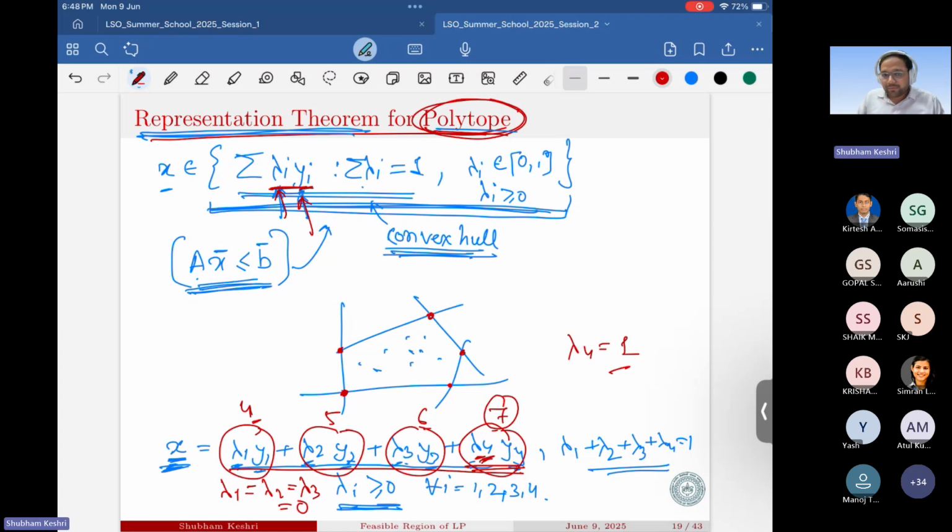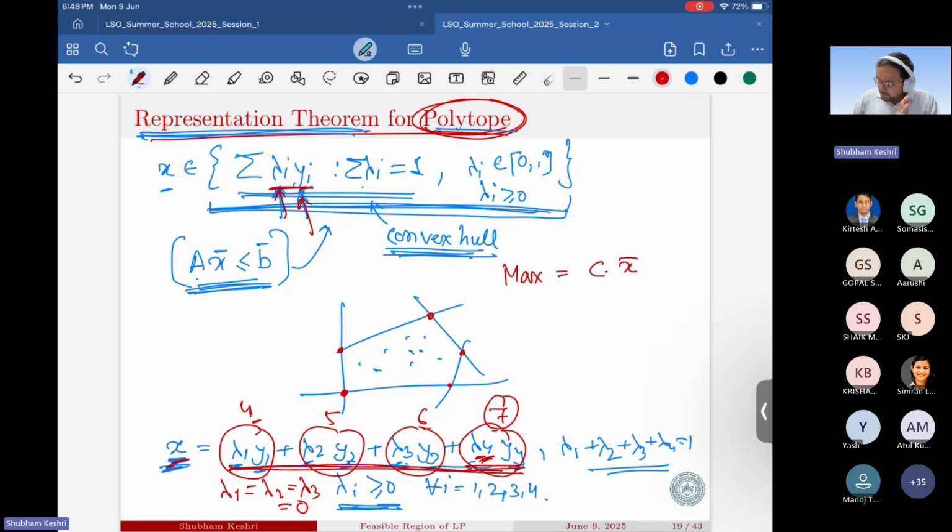Because the lambda i's vary between 0 and 1, whichever of these is highest, you put that lambda i to be 1 and all others to be 0, and you will get the highest value. Actually, I have just missed one thing. This is how you are representing a point X. The objective function value to maximize is actually C times X, right?